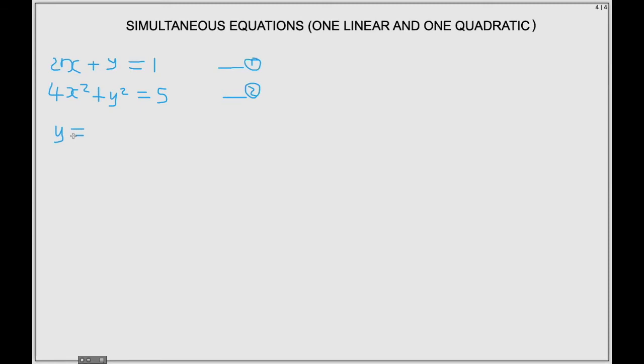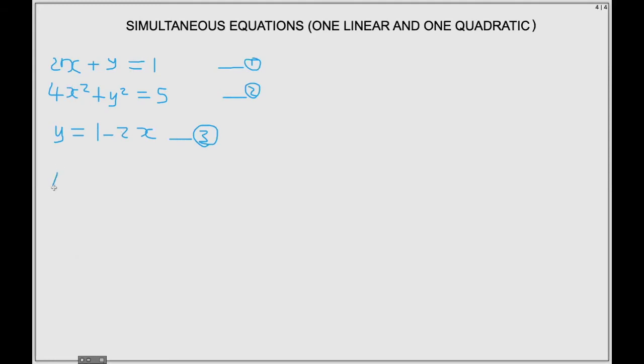So we carry the 2x over the equals sign. So we have 1 minus 2x. Now by right, you could have made x the subject, but y is easier to make the subject because it doesn't have a coefficient greater than 1. So I'm going to assign this now to be equation 3, and since I'm using the substitution method, I am going to substitute y to be 1 minus 2x.